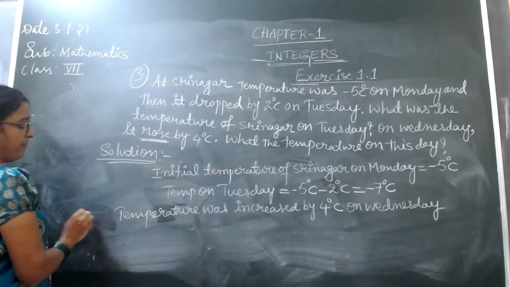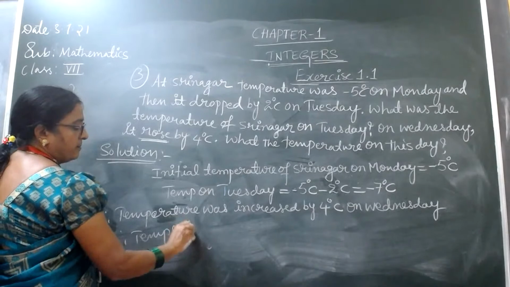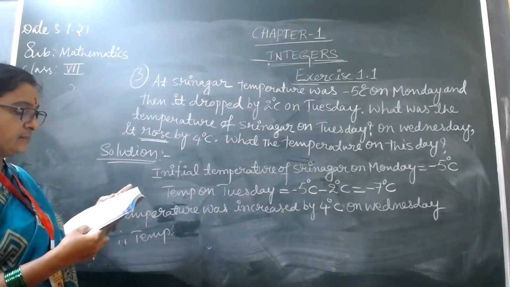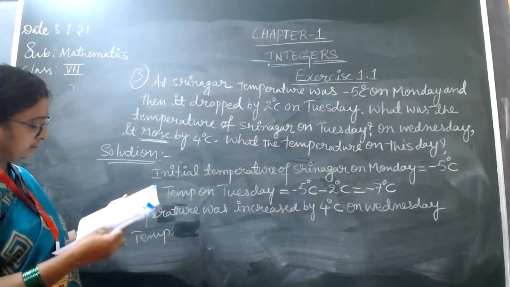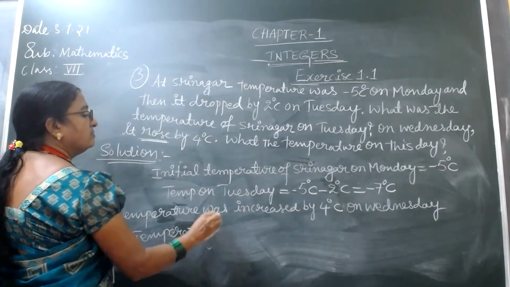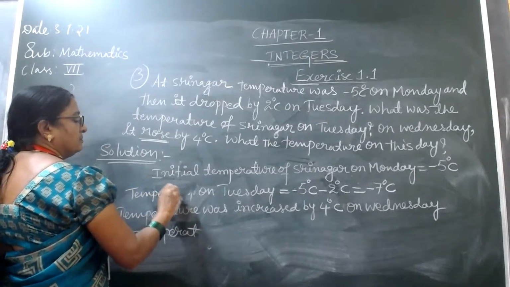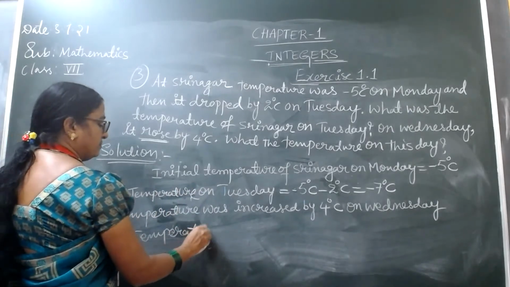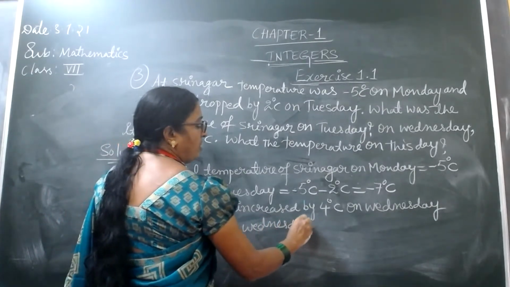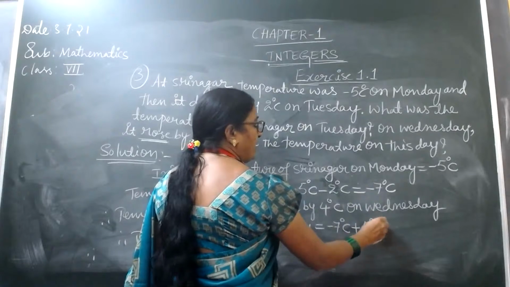Therefore, they asked us the temperature, students. Therefore, temperature on Wednesday is equal to, what do you get, student, minus 7 degrees Celsius add 4 degrees Celsius.